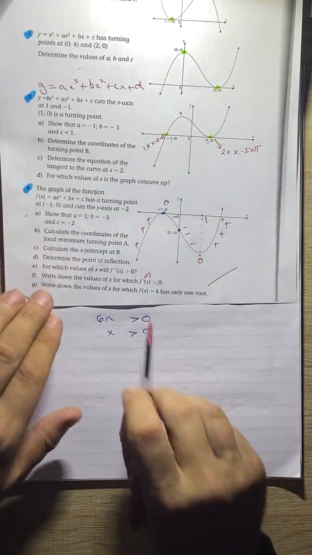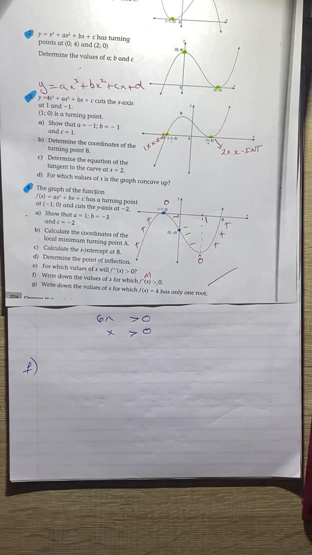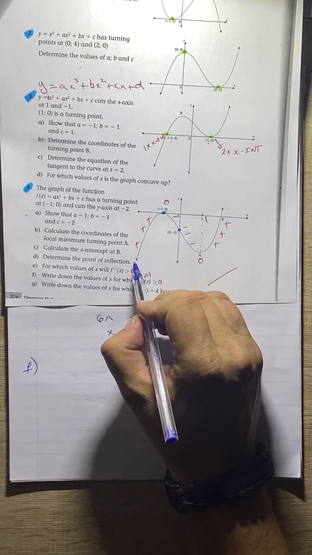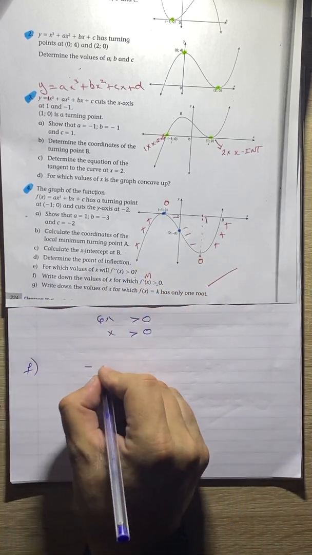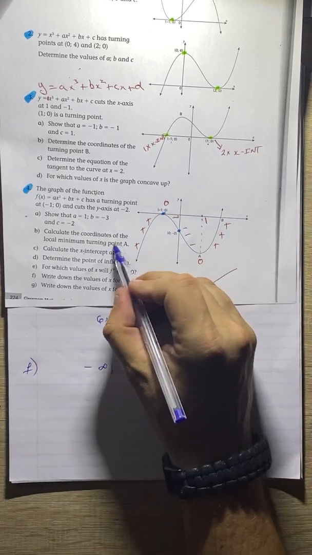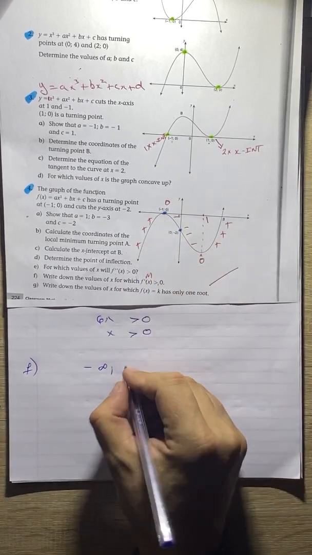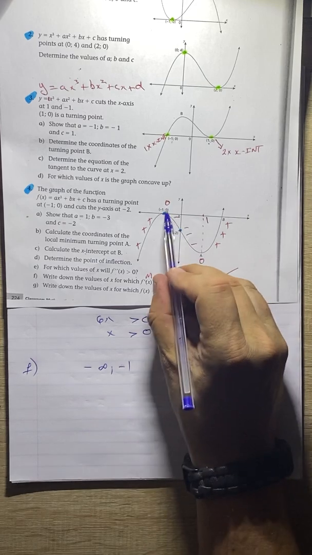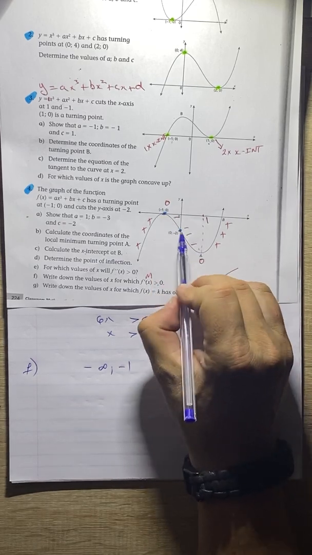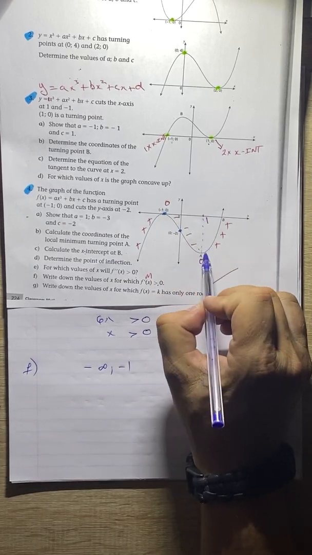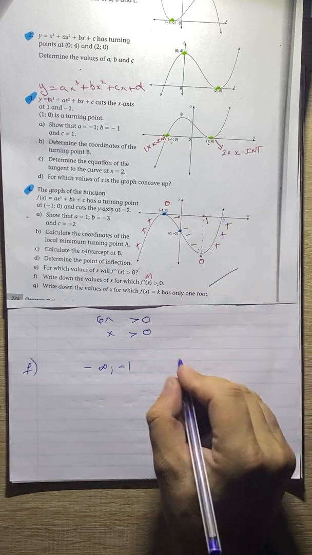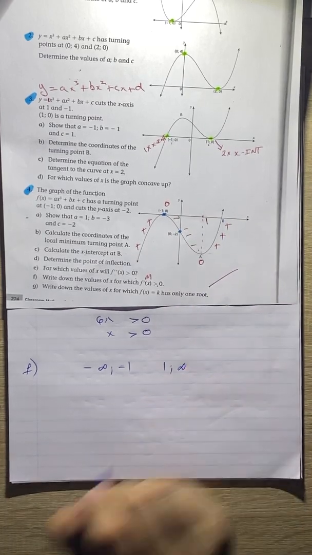And it's asking for where is the gradient positive. So it's positive all the way here, and this is going towards minus infinity. And it's positive all the way to where x is minus 1. Then from minus 1 to 1, it is negative. Then after 1, it is positive again. So we're going from 1 to infinity.